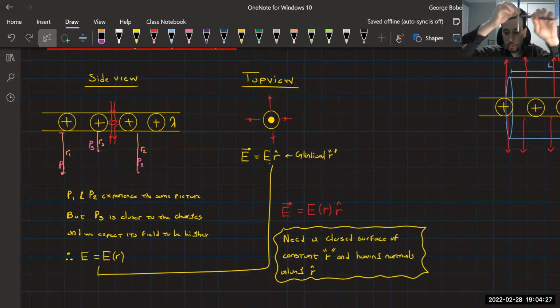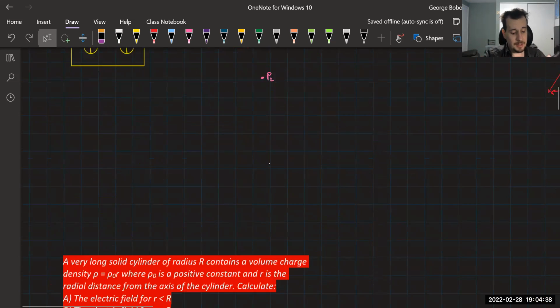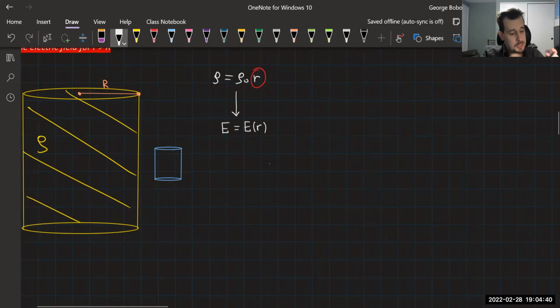And that electric field was going in the cylindrical R direction. So if it's a thick cylinder, it has the same kind of symmetry as the thin line. And I expect then, okay, I expect the full electric field to be dependent on R, but also pointing in the cylindrical R. These are cylindrical Rs. In Math 119, we call them rows, if you remember.